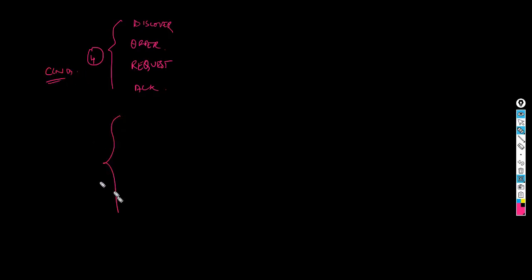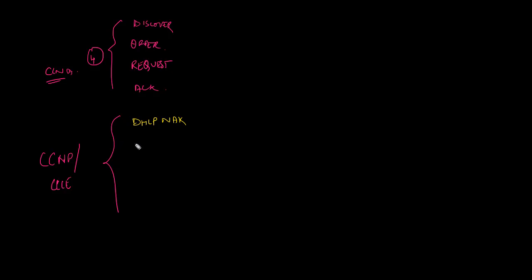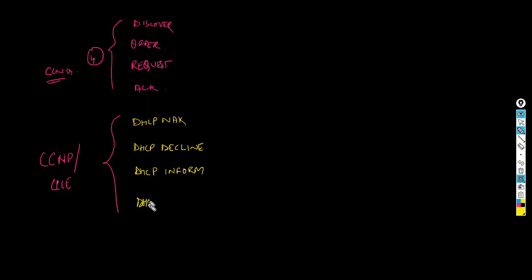Now in the CCNP and CCIE, this doesn't end. So we have further states here, and I'm going to tell you what the remaining ones are and how they are different. We have DHCP NAK, DHCP decline, DHCP inform, and the last one here is DHCP release.